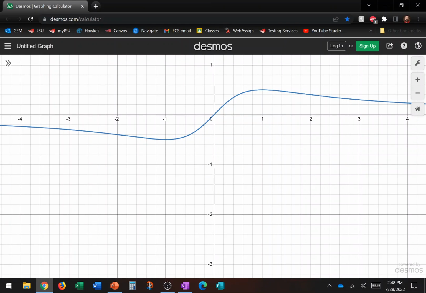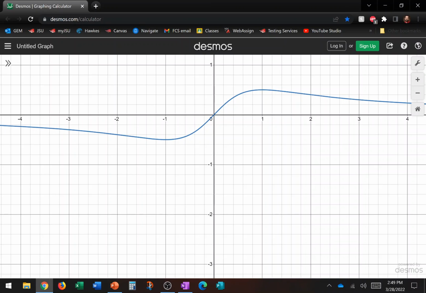Looking from here over to here, what do you think about the concavity? Do you think it's concave up or concave down, from here to the left? It looks like maybe it's concave down, yeah.